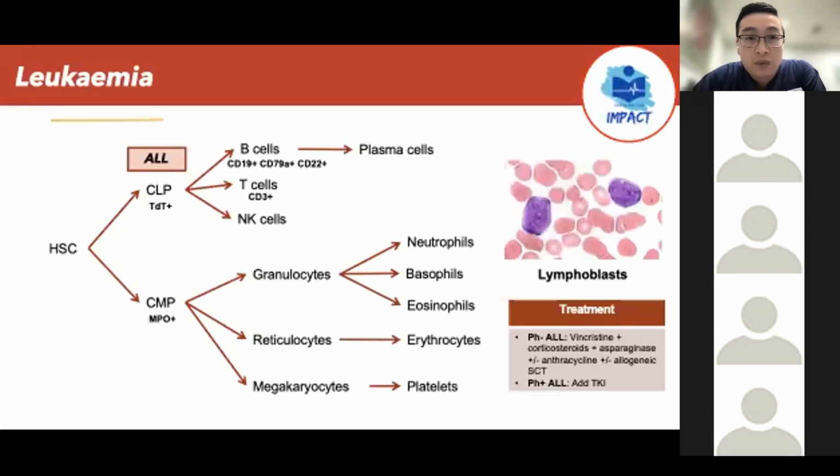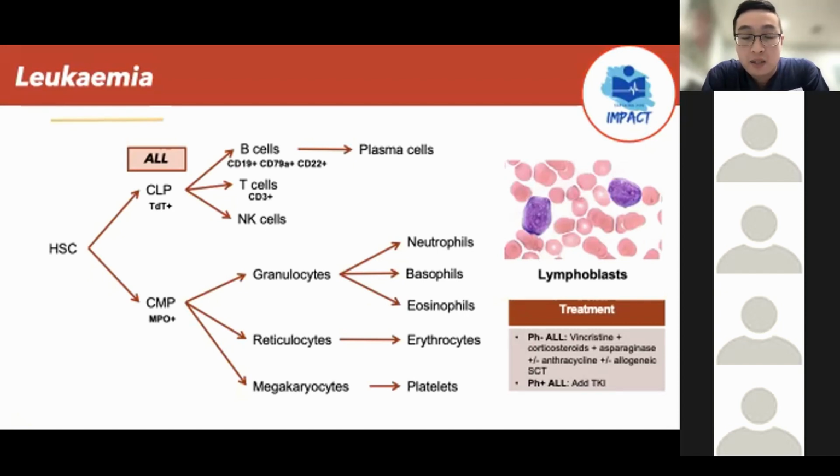Firstly, I'm going to talk about what happens when a common lymphoid progenitor becomes cancerous or neoplastic. Because it's so early on in the differentiation process, we would expect an acute presentation, but the cancer is more likely to be responsive to chemotherapy.